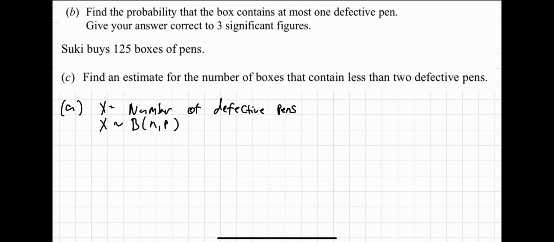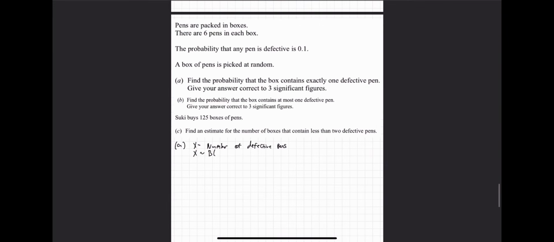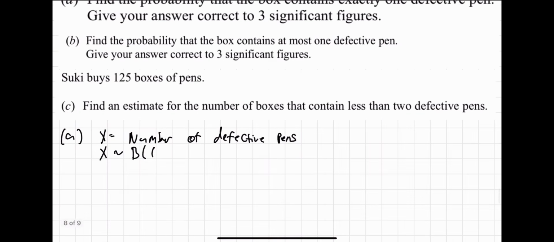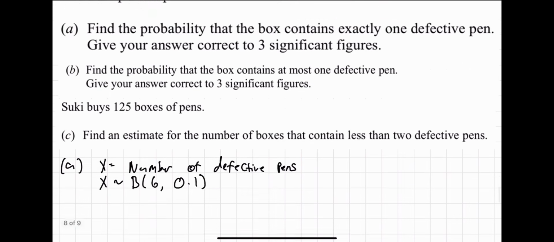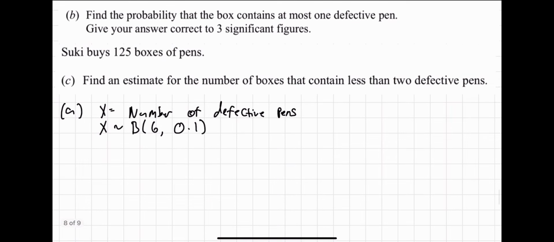Well, what is our n and what is our p? Well, there are 6 pens in each box. A box of pens is picked at random, so there's 6 pens, so we have 6 trials. And the probability that any of these 6 pens is defective is 0.1. And what we're trying to find is the probability that exactly 1 of these pens is defective.